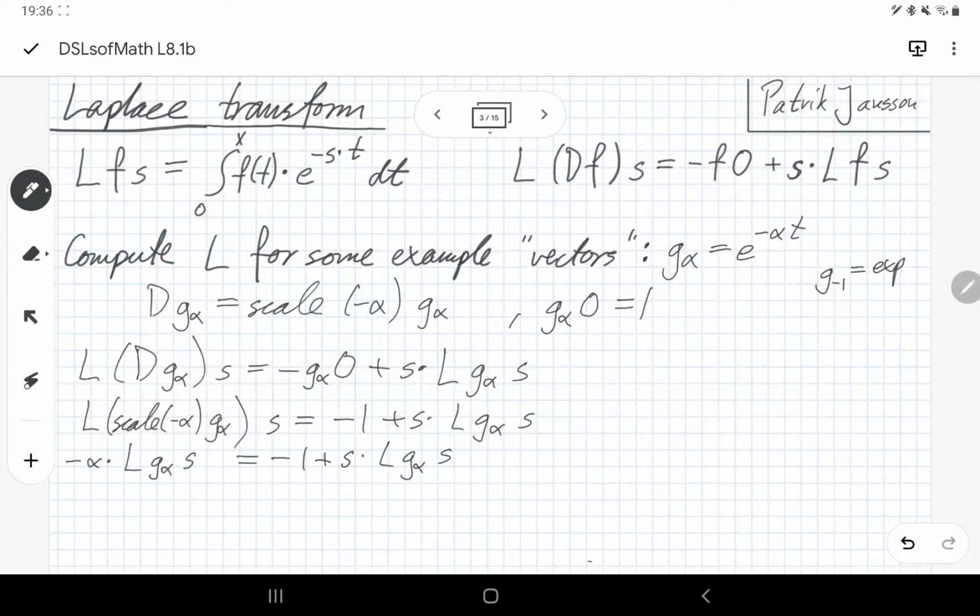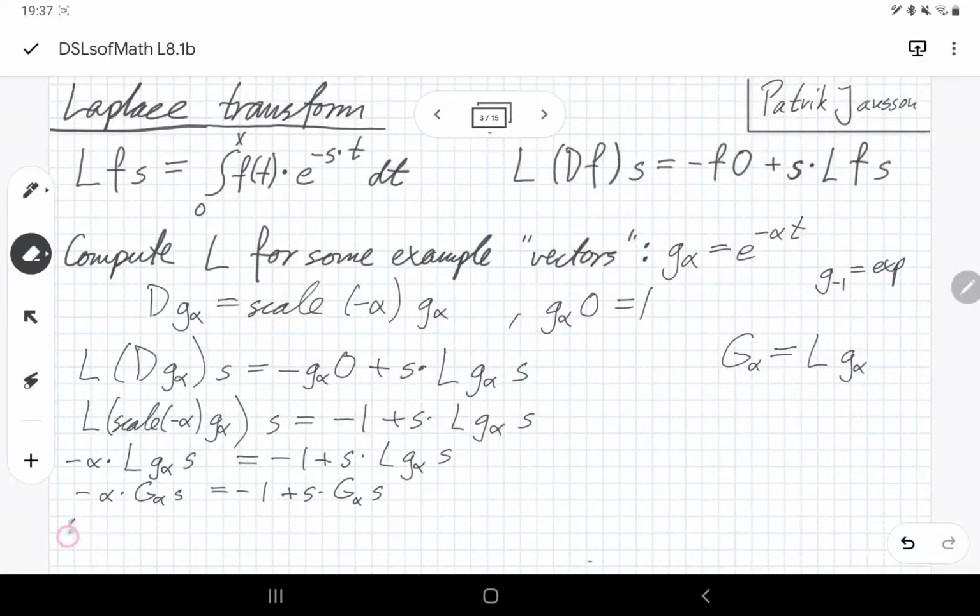And now if I use exactly the same style as before, I should introduce a name. Let's capital G alpha be the Laplace transform of little g alpha. That means I can simplify this expression slightly. So minus alpha times capital G alpha at S is equal to -1 plus S times capital G alpha at S. And then I collect the terms. So here we get minus, well, let's extract the minus sign.